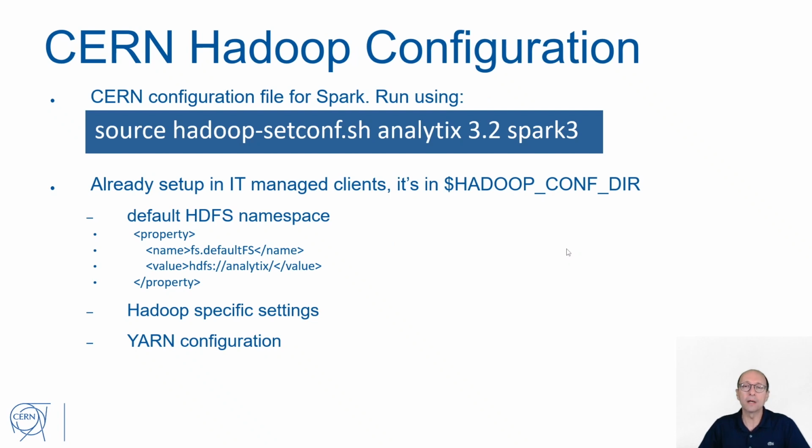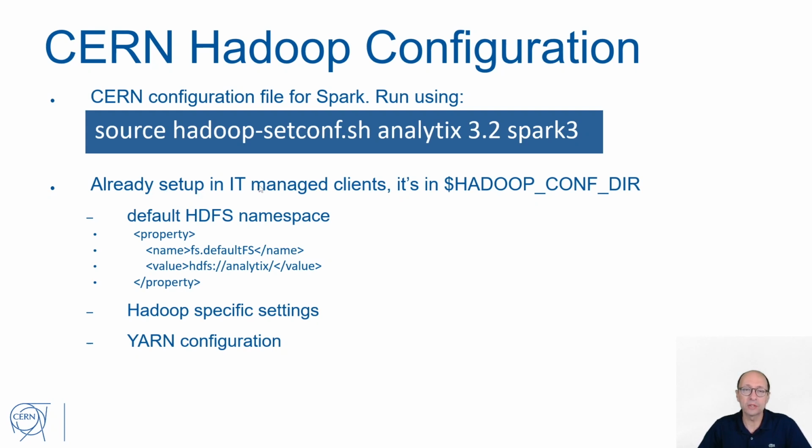Okay, when you're running on CERN resources, everything is already packaged for you. Let's say you connect to the IT Hadoop client machines or other machines where you have the configuration set up for CERN. There you just need to run source hadoop-setconf.sh, name of the cluster, then the fact that we run with the latest Hadoop and the latest Spark.